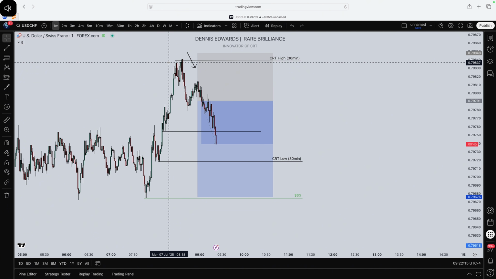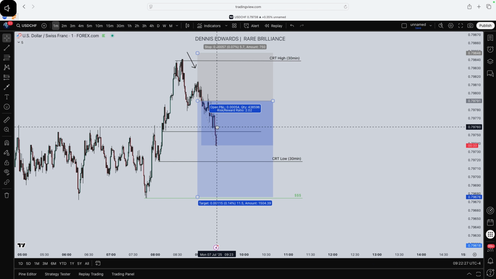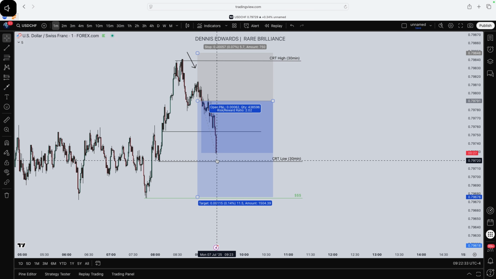So with CRT, once you see certain things happening in price, it's almost inevitable that the market will then switch over to target certain lows. In this case, because I'm looking for sells, price will switch over and target our lows, because that's where the overall order flow is now heading. And so I don't need special indicators to read the order flow.